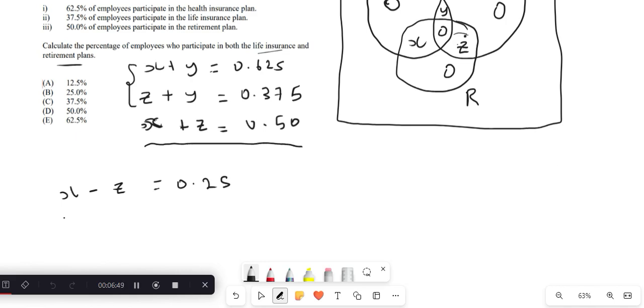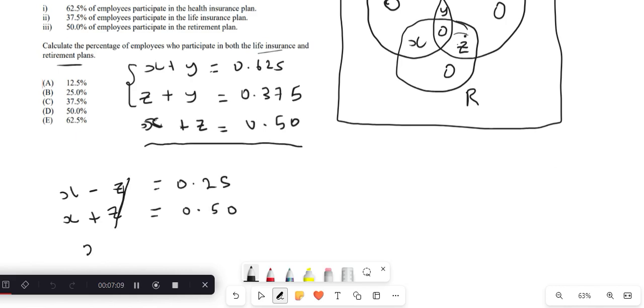Now I'm left with one equation down here, and I'm going to add it to this one. We have X plus Z is equal to 0.50. So I'm going to solve for X by adding these two equations.